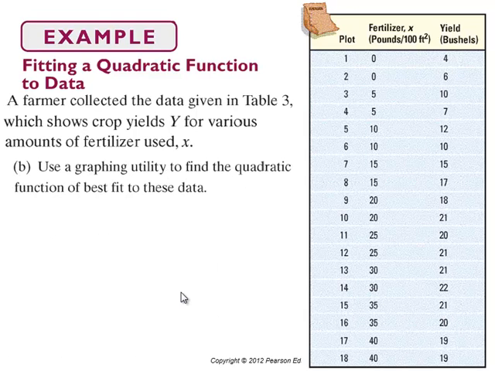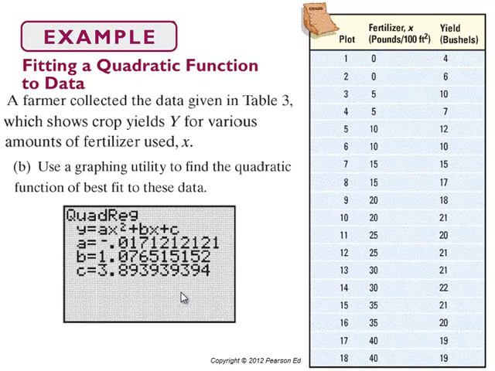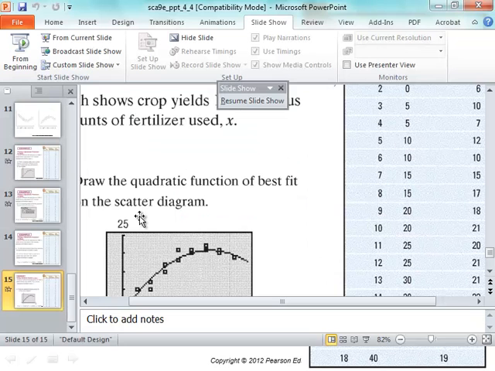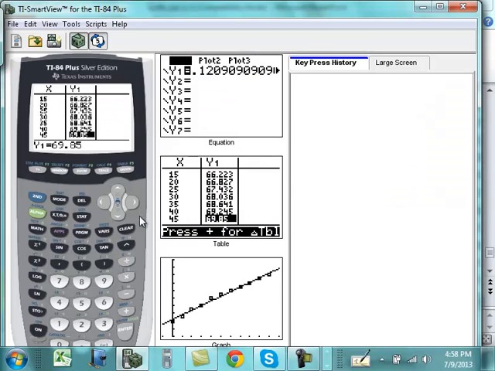And then go to your statistics menu and try to find your quadratic regression equation. I'll show you real quick.